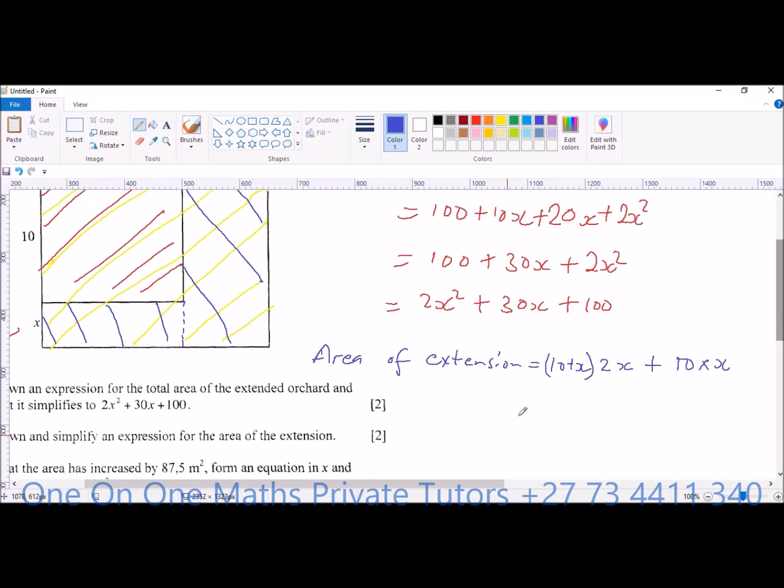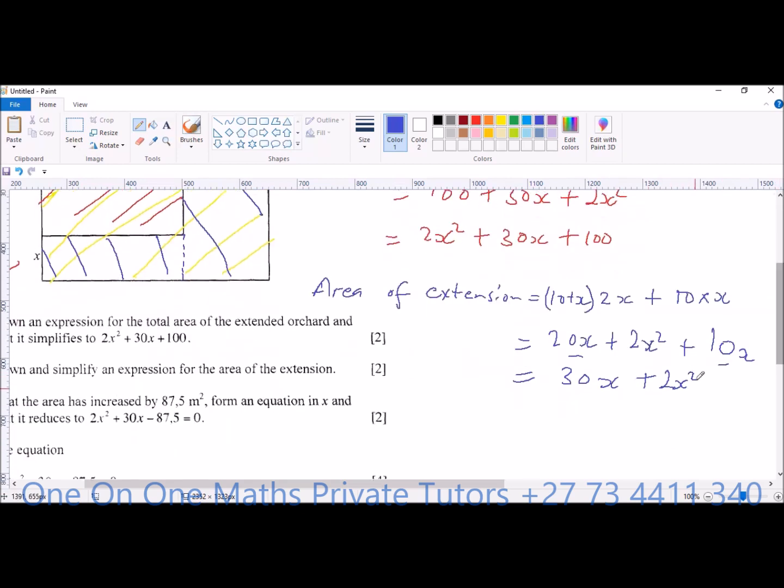All right, which is 2x times 10, 20x, 2x times x plus 2x squared plus 10 times x, 10x, which will give us, these are like terms, so we have 30x plus 2x squared.